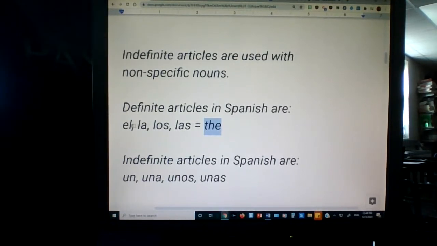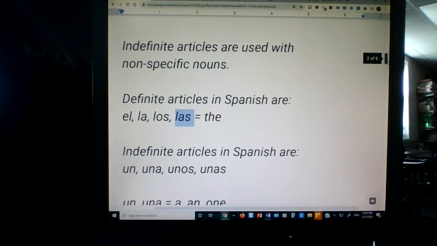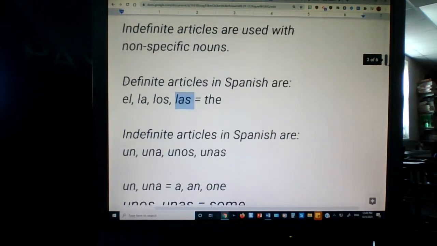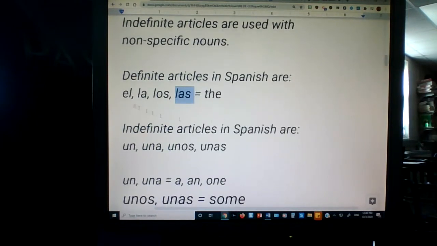Is the noun masculine or feminine, or is the noun masculine plural, or is the noun feminine plural? So there are many things to think about when we're talking about Spanish, and it's not very hard to think about it, but that's why we have 4 in Spanish.